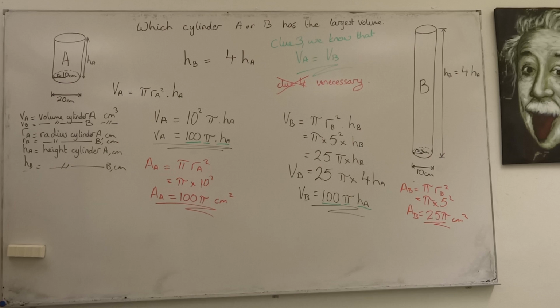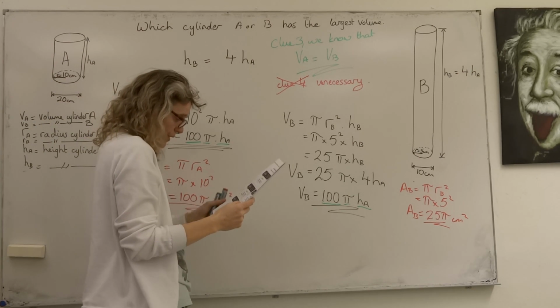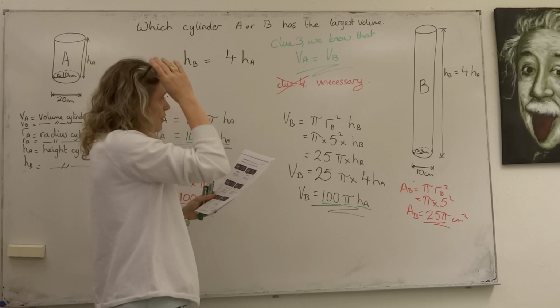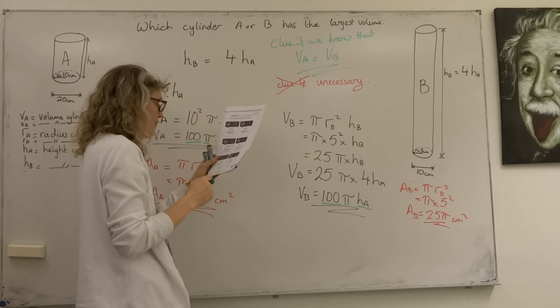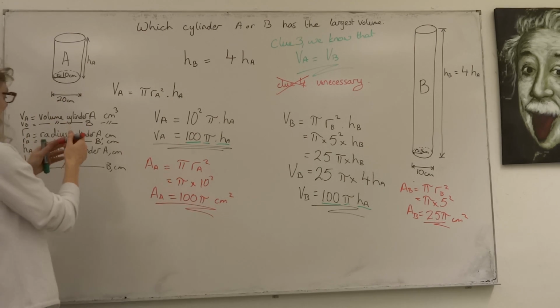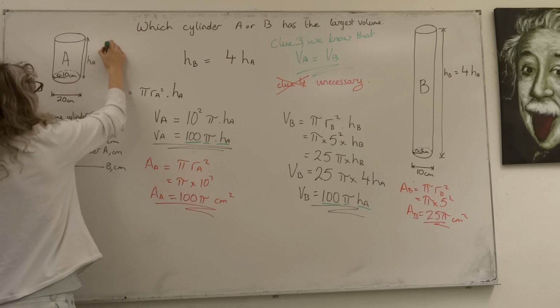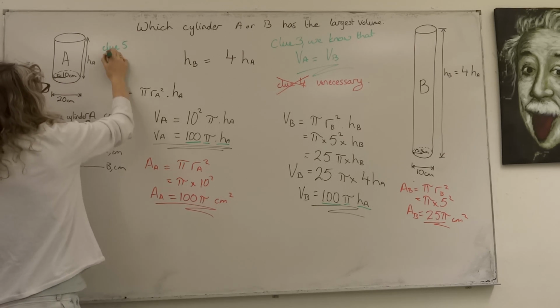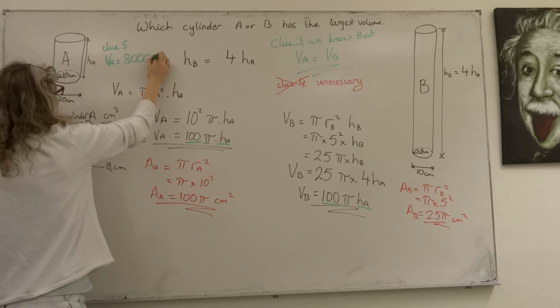What else do we have then in clue 5? Now clue 5 is an interesting clue because clue 5 allows us to calculate the height. Clue 5 says the volume of cylinder A is 8,000 pi.